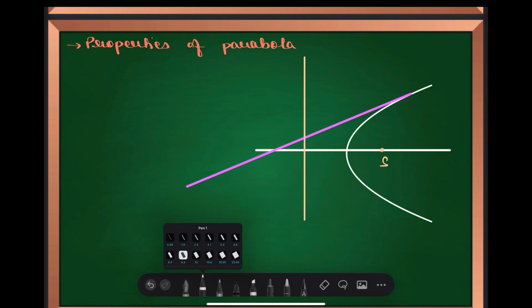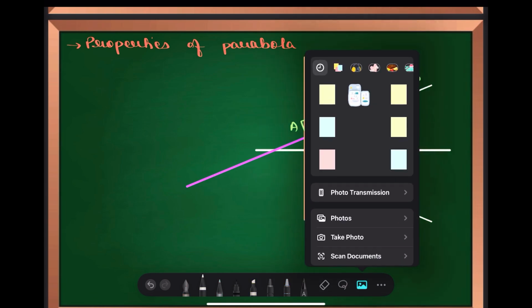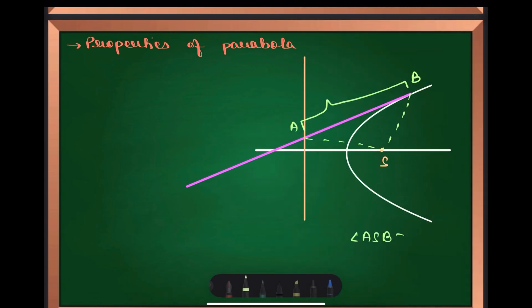I am talking about the portion of the tangent up to the directrix, and the angle it subtends at the focus. Suppose the ends are A and B and the focus is S; I am talking about angle ASB. This angle will be 90 degrees. Is that clear? I hope till this part you are okay.